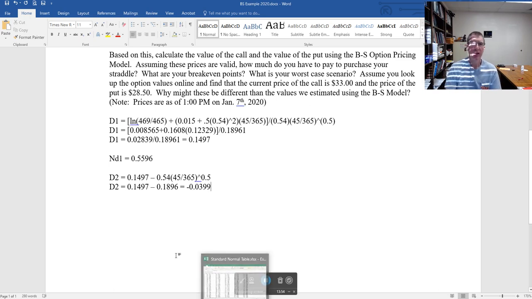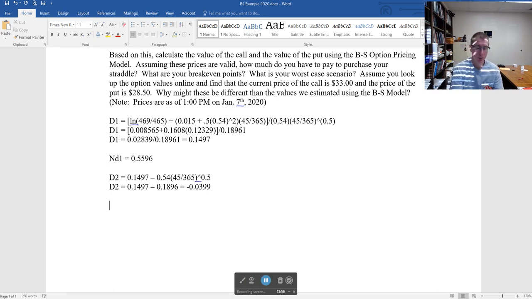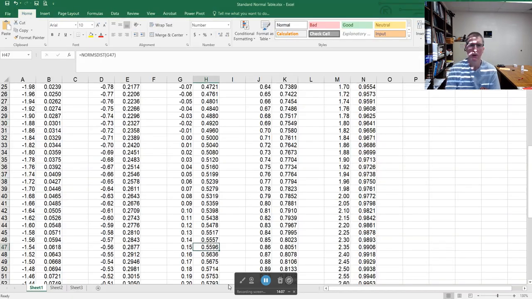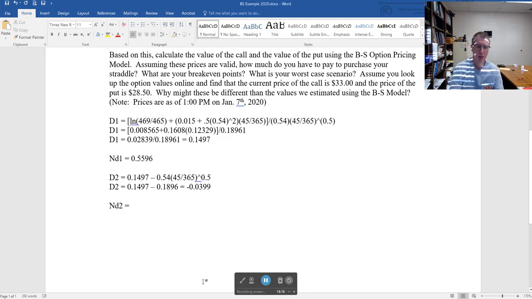So again, I don't want D2, I want the area under the normal distribution table up to D2. And D2 is approximately negative 0.04. So I go up here and find that is 0.4840. So now I have my ND1 and ND2. Now I can calculate the value of the call.